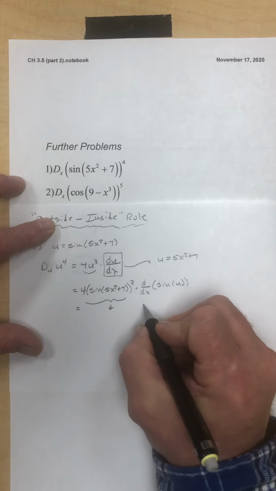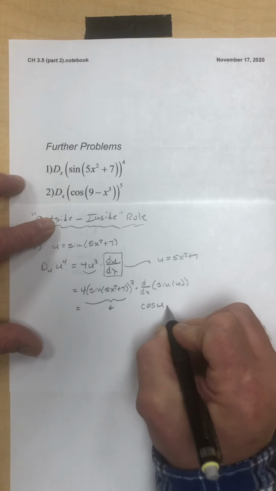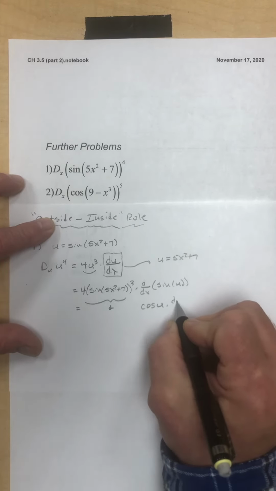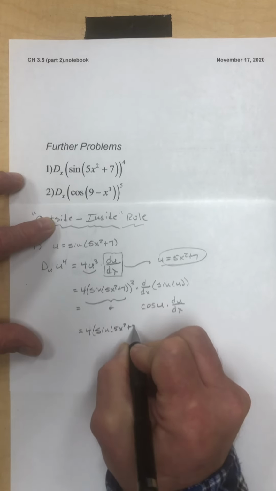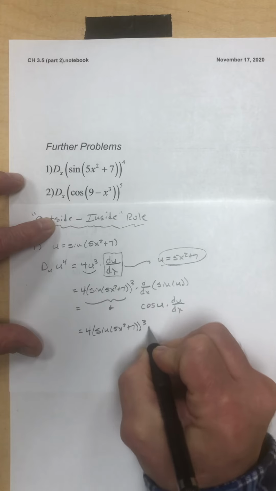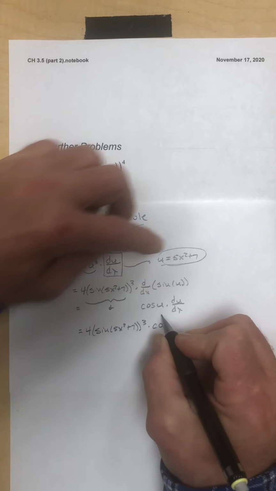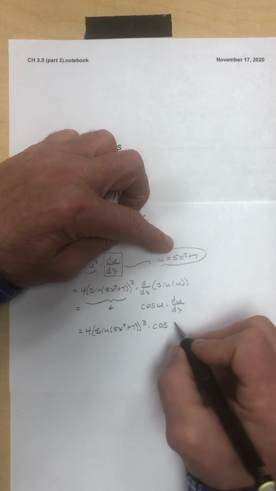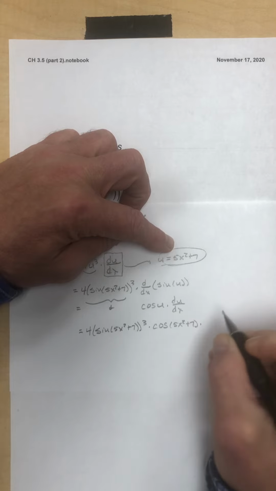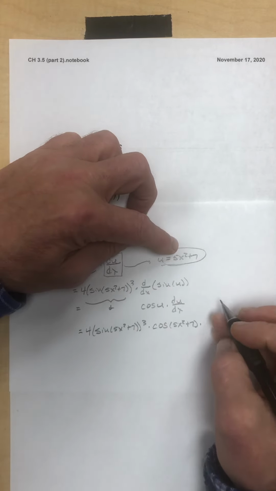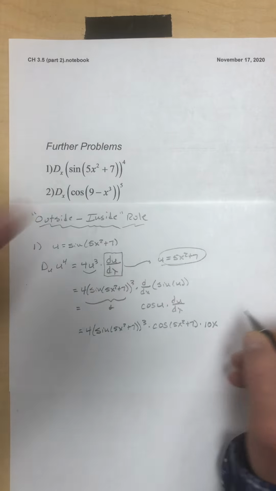This is going to be the cosine of u times du dx. So I get 4 times the quantity sine of 5x squared plus 7 to the third, times the cosine of u, where the second u is 5x squared plus 7, times the derivative of u, which would be 10x.